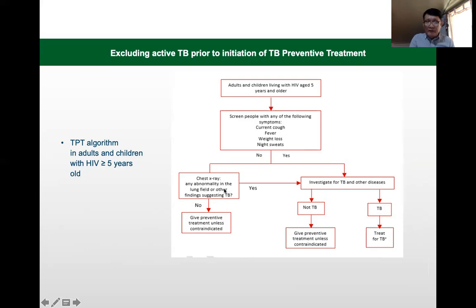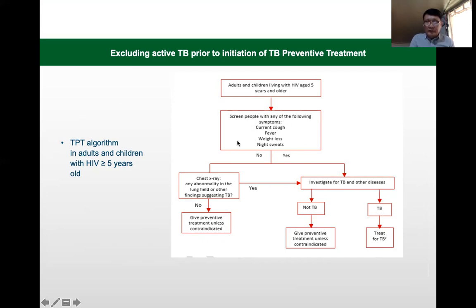Any abnormality in the lung field, or other findings suggestive of TB? If none, then we can proceed giving TPT. If yes, then we have to investigate for TB and other diseases. If not TB, then we can proceed giving TPT. If TB, then we treat with the usual TB regimen, okay?